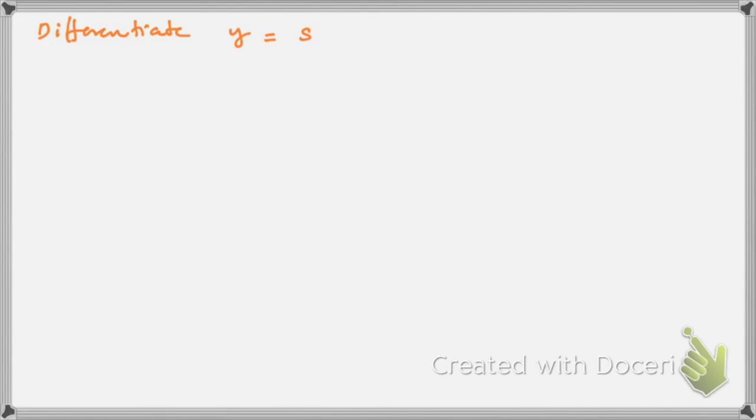Another question now. Differentiate y is equal to sin x to the power of x plus sine inverse of root x with respect to x. So differentiate this function with respect to x. And when we analyze this question, we realize that the first term here looks like u to the power of v.